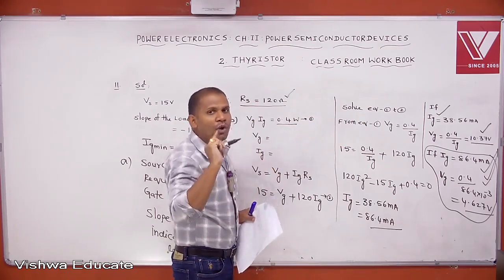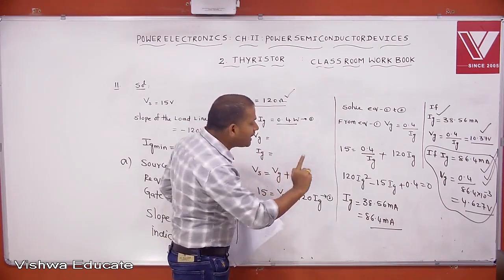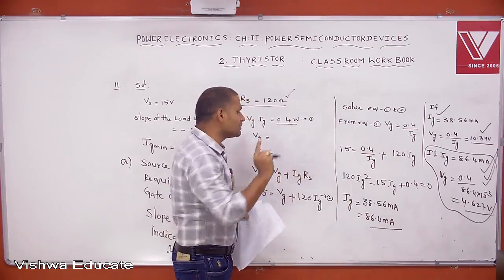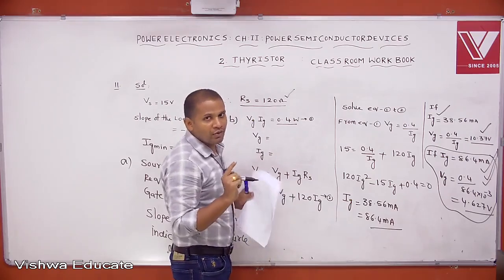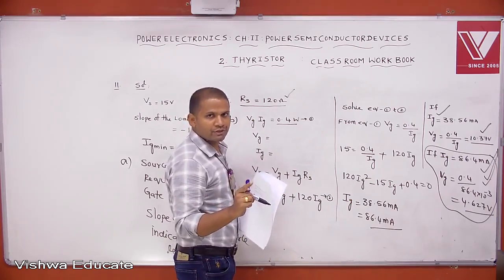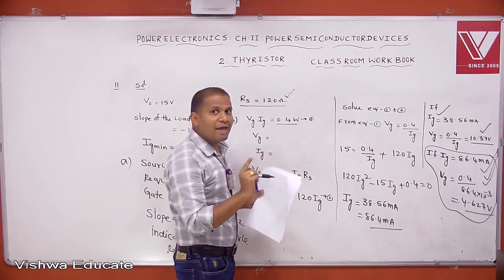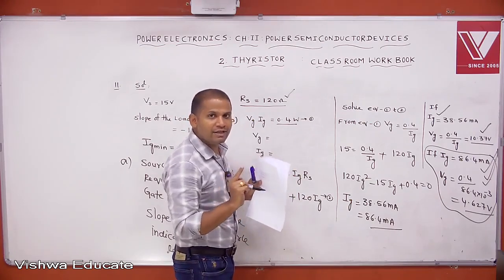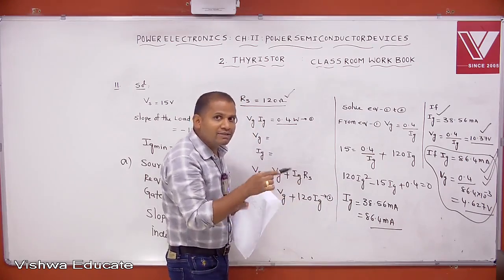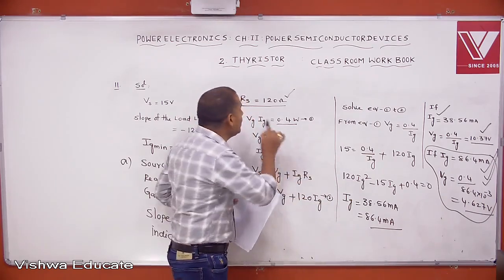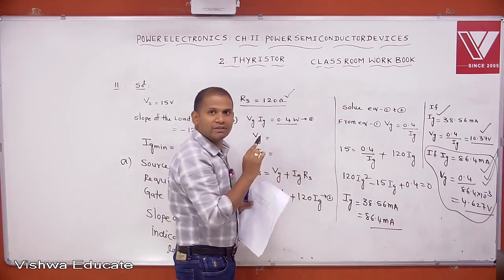Here we are getting two Ig values: one is 38.56 milliamperes, another is 86.4 milliamperes. Both we can apply. These are not damaging gate currents; they cannot damage the SCR, because they are calculated according to average gate power dissipation only.